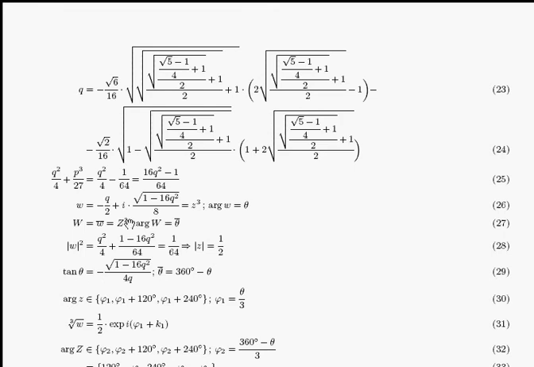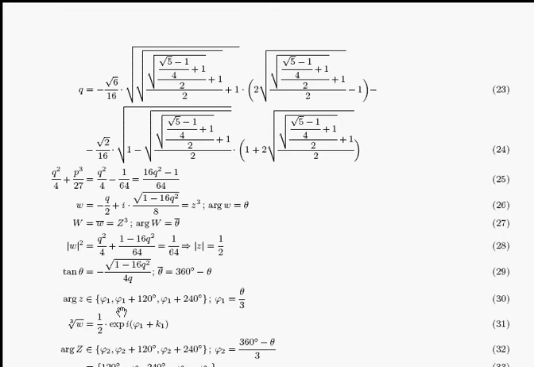Tangent of theta is b over a, imaginary part over real part. It is the square root over 4q's negative. So overline theta is 360 minus theta.